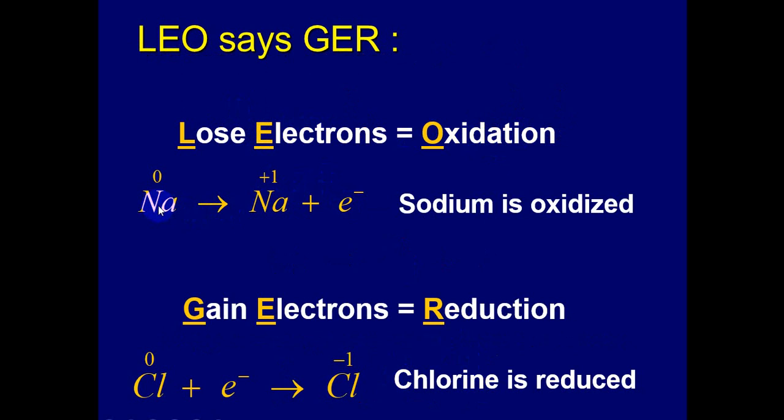So we see sodium loses an electron, sodium becomes what? Oxidized. When you gain electrons, you become reduced. Chlorine gains an electron to become chloride, or chlorine minus. Chlorine is reduced.